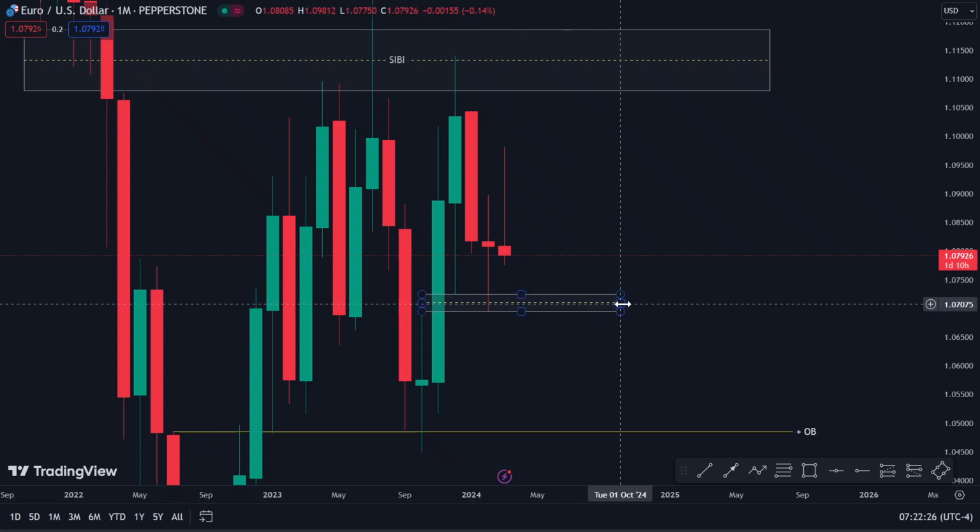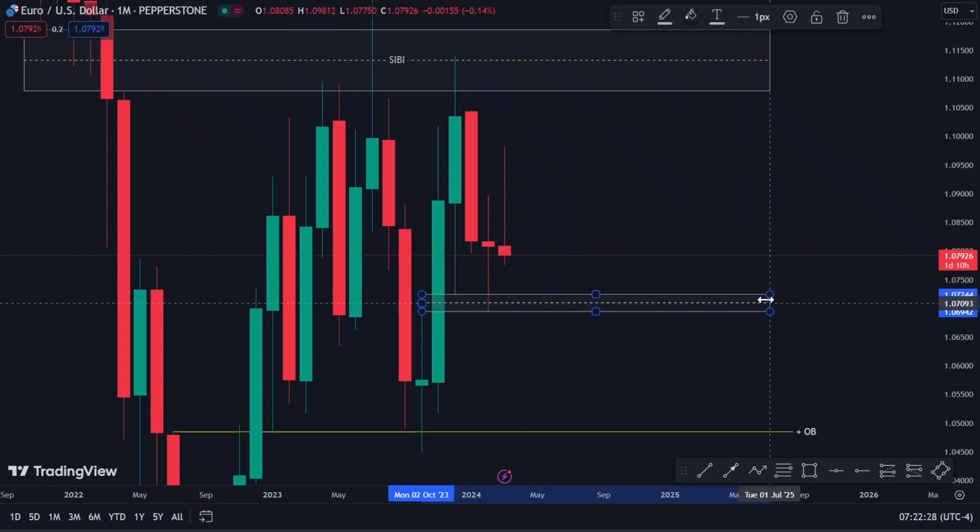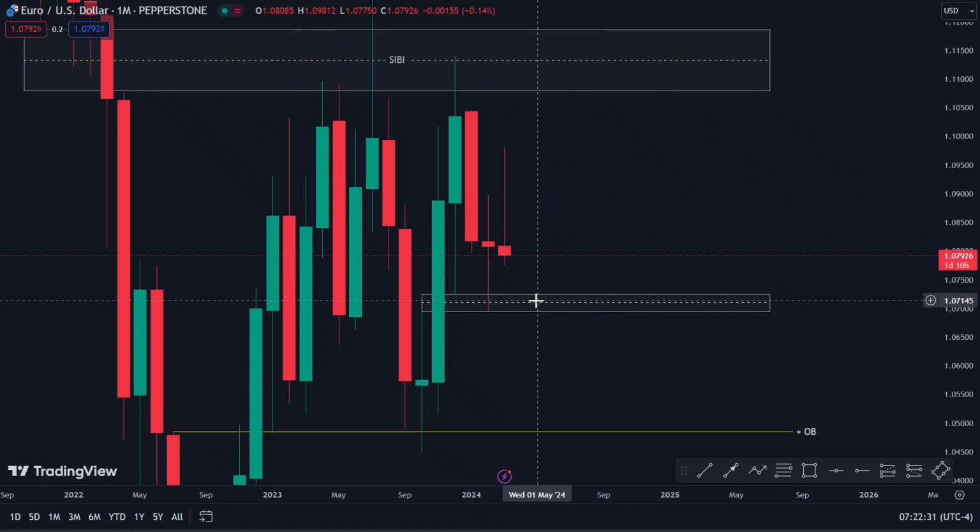Now this is our BC, buy side imbalance, sell side inefficiency, that was later filled by this candle during last month, February.